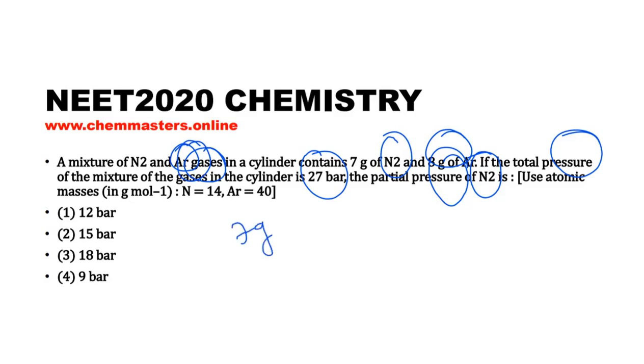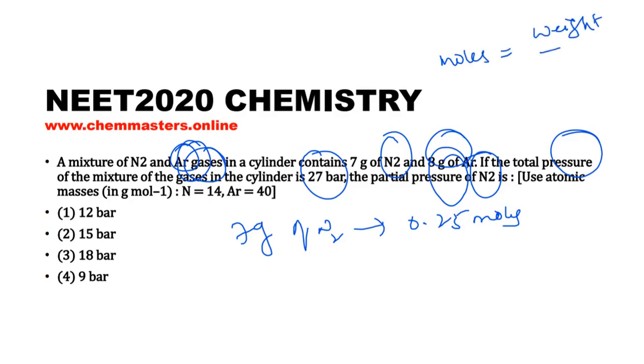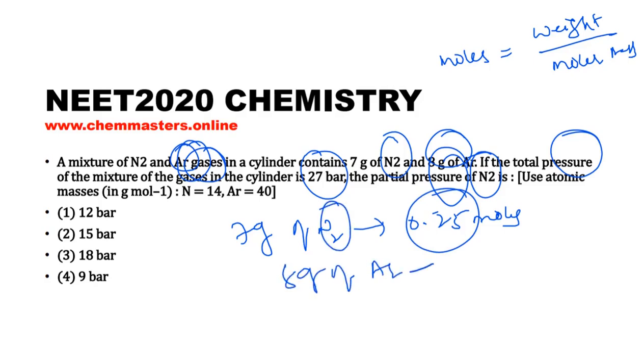Here we have been given 7 grams of N2, which equals 0.25 moles, because we know that moles equals weight in grams divided by molar mass. So from that you get 0.25 for N2. Now 8 grams of argon will give 0.2 moles. Okay, right. Now the total pressure is given as 15 bar.